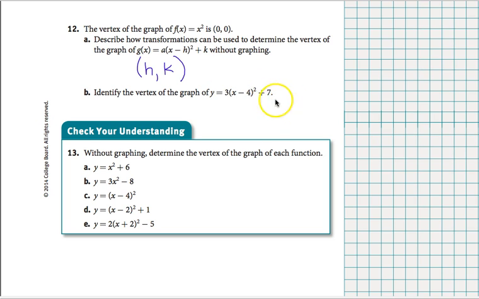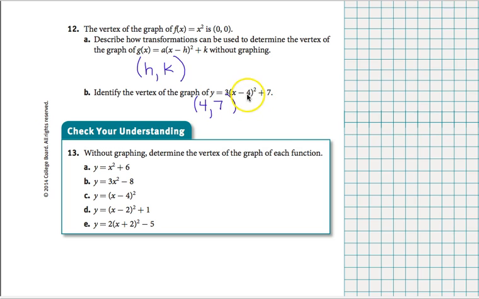So when we look at this one, minus H, so that means this is going to be a right shift. So right shift 4, so 4 will be the X coordinate. This is an up shift, so that would be 4, 7.